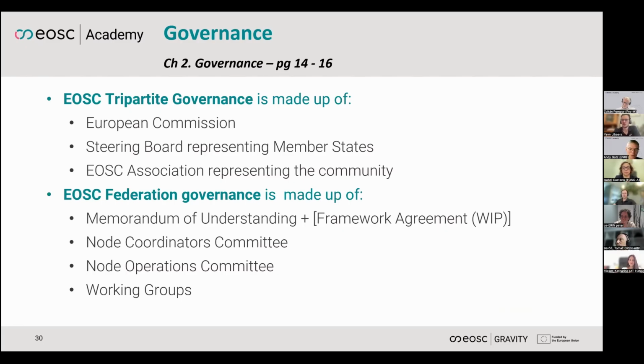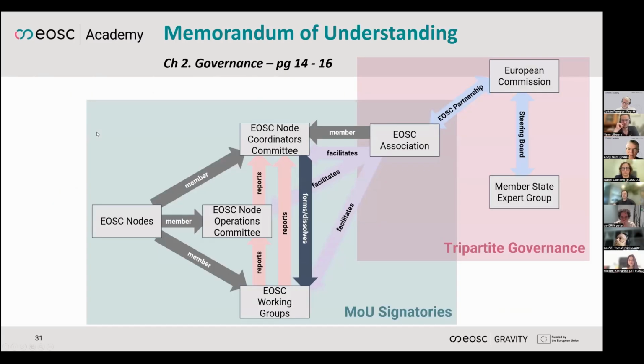We have the Node Coordinators Committee, where all node coordinators are present, and where the main decisions are made about the Federation, about the governance of the Federation. The Node Operations Committee, which is made up of representatives of the nodes, defines what operations are, and finally the working groups.